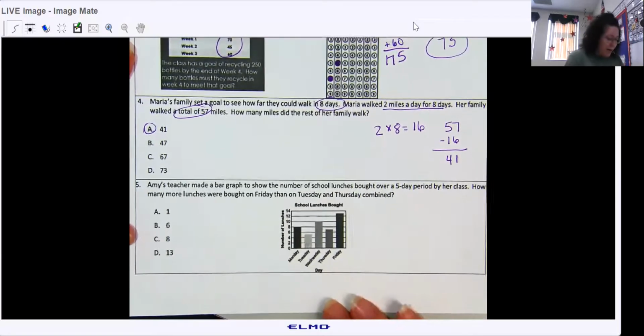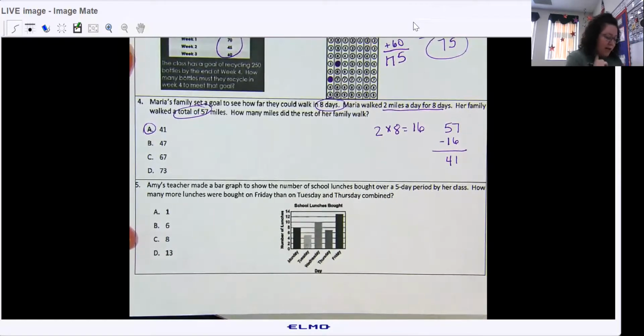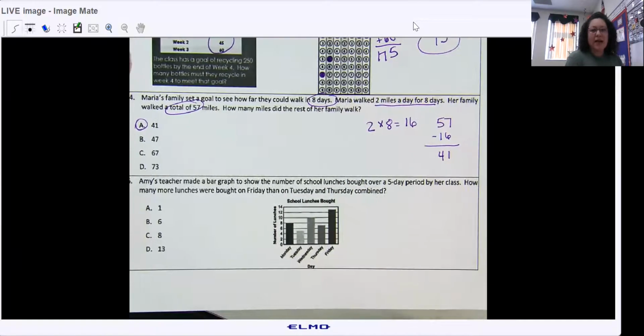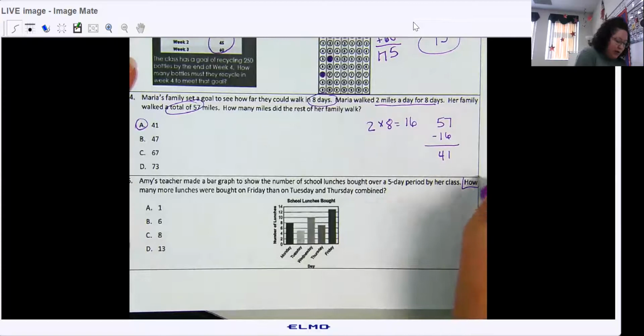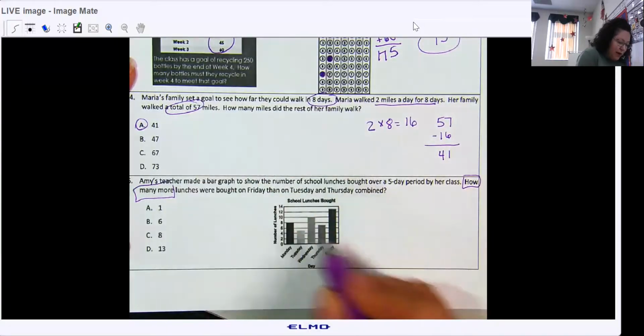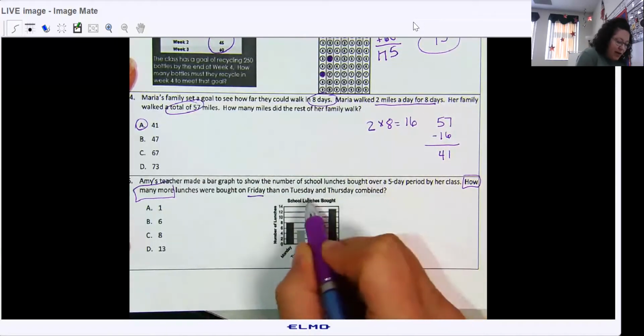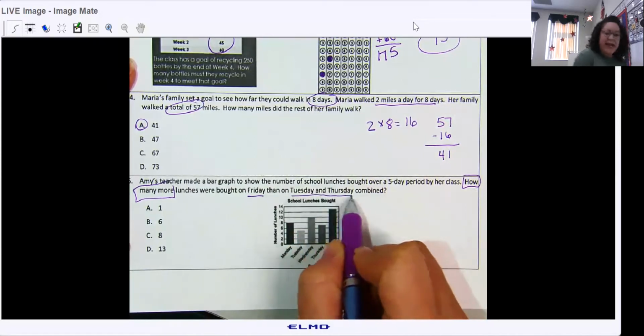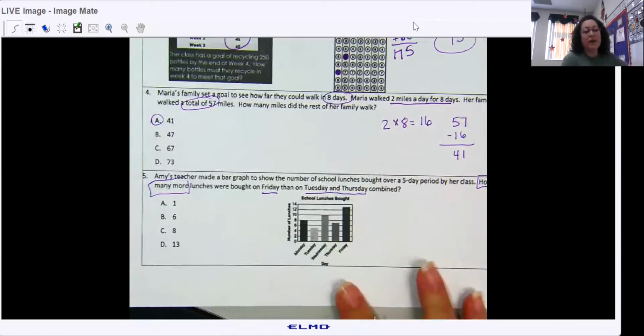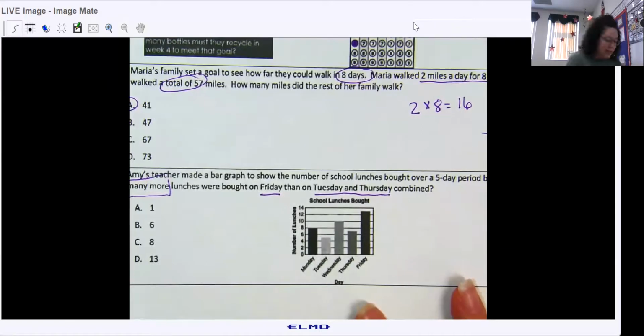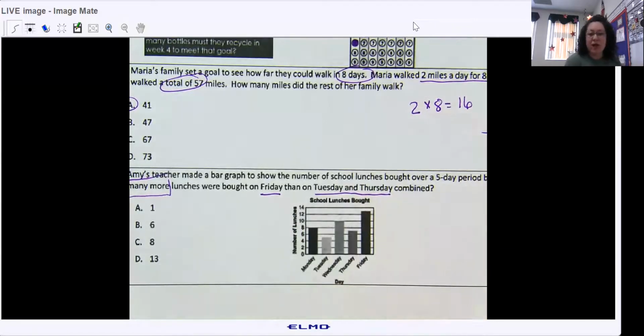Amy's teacher made a bar graph to show the number of school lunches bought over a 5-day period by her class. How many more lunches were bought on Friday rather than on Tuesday and Thursday combined? I remember doing this. Remember what we did? We wrote the numbers underneath.